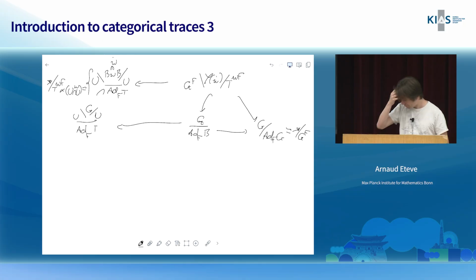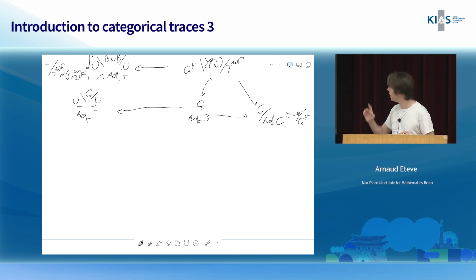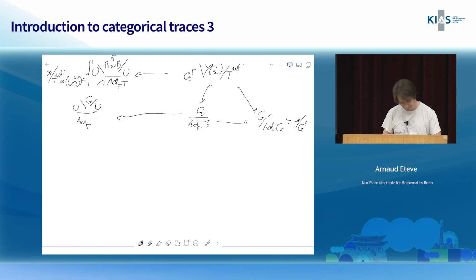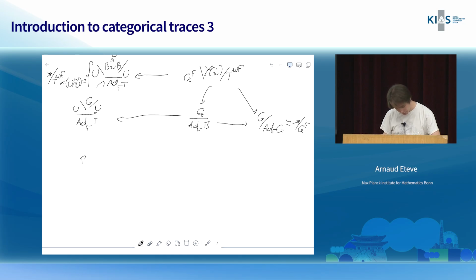Okay. All right. And then there's one more thing I said yesterday which I still need to explain. I said in the Hecke categories, there are these objects delta_w. And it goes as follows. On BwB mod U, we can take sheaves on this.